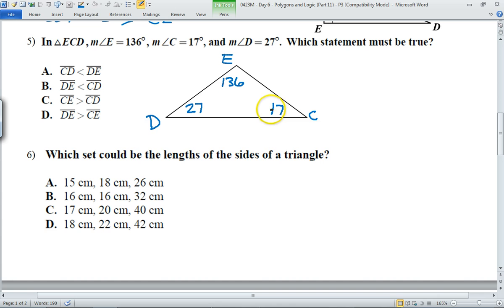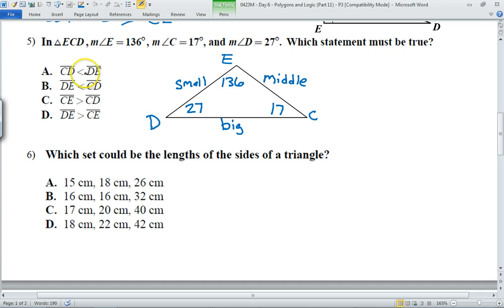Okay? So, tell me this. What is the biggest side of the triangle? DC is the biggest side, so I'll just put big right here. What's the smallest side of the triangle? DE, because it's across from the 17, so I'm going to put small on that one. That means the other one is the middle size, so I'll just put middle.